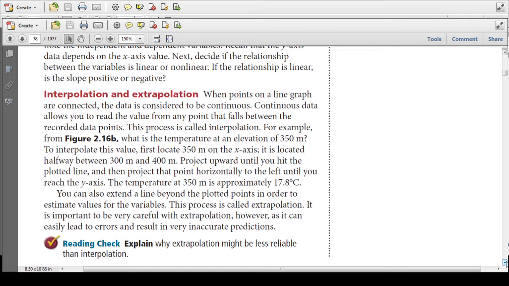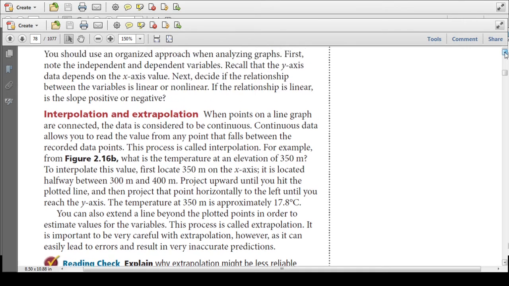When the points on a graph are connected, the data is considered to be continuous. Continuous data allows us to read the value from any point that falls between the recorded data points. This is called interpolation. For example, if we look at 2.16b, we can ask ourselves, what is the temperature at an elevation of 350 meters?